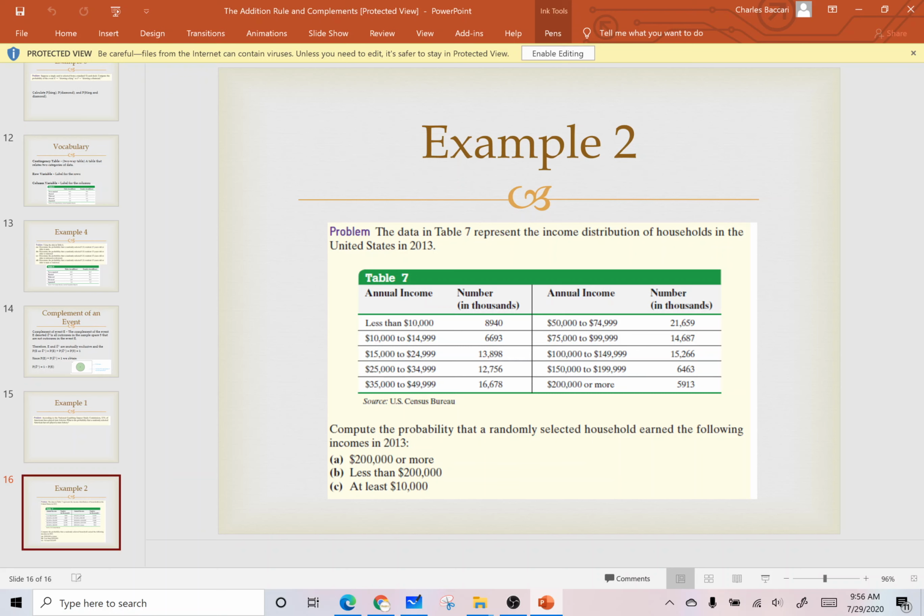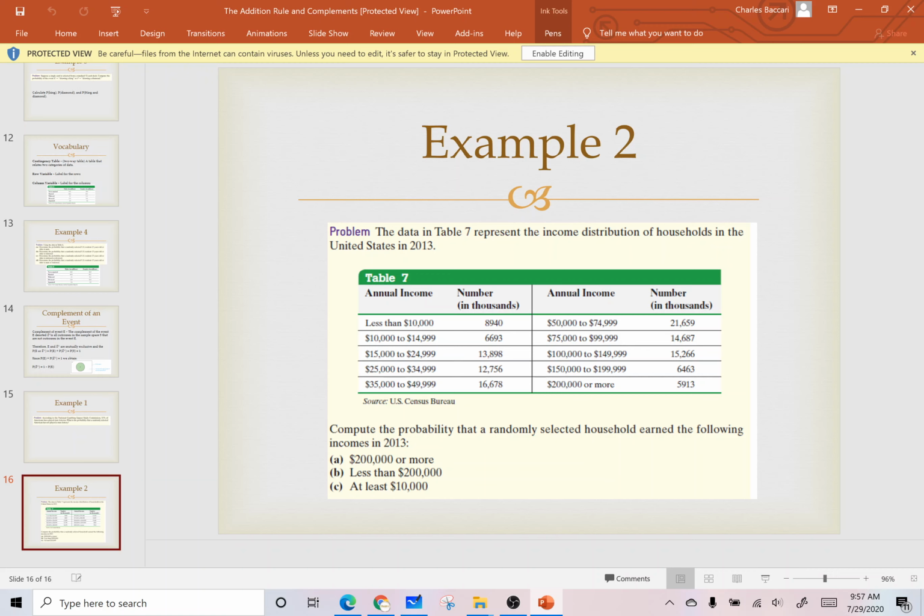Well, all we need to do is add up all of the values, which I'm going to do real quick. 8, 9, 40, 6, 6, 9, 3, 13, 8, 9, 8, 12, 6, 7, 8, 2, 1, 6, 5, 9, 6, 6, 6, 4, 6, 3, and 5, 9, 1, 3.